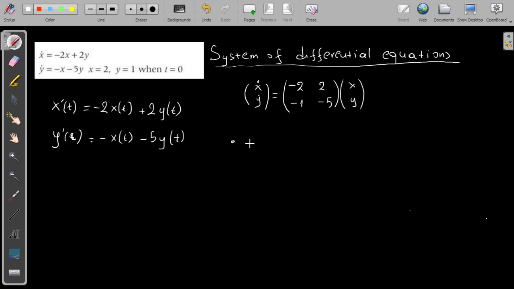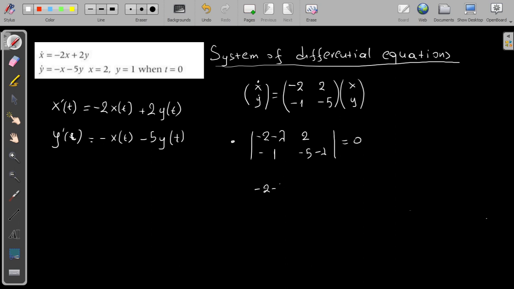eigenvalues and eigenvectors. To get the eigenvalues, first I must find the determinant of this matrix. So basically I will subtract lambda from my diagonal: minus 2 minus lambda, 2, minus 1, minus 5 minus lambda, and it should be 0.